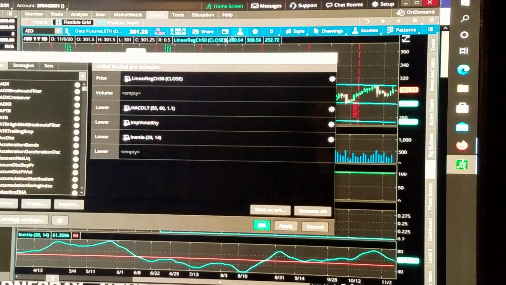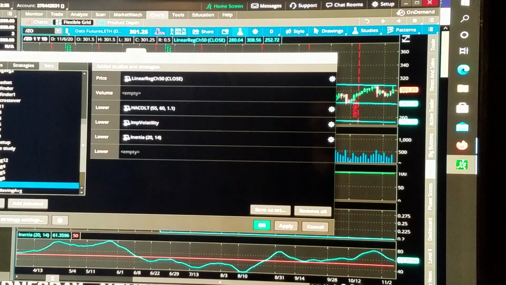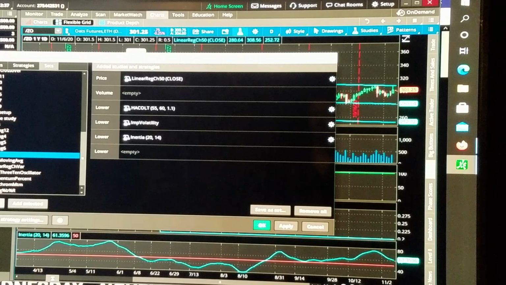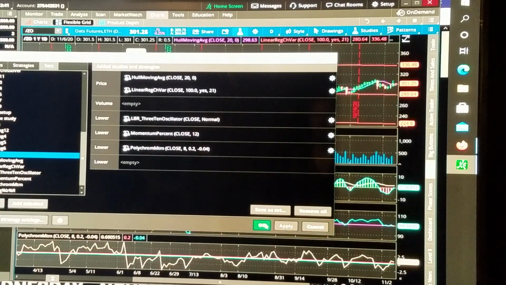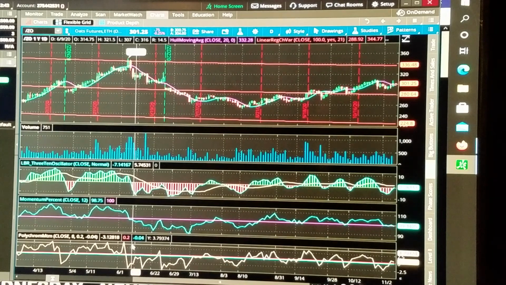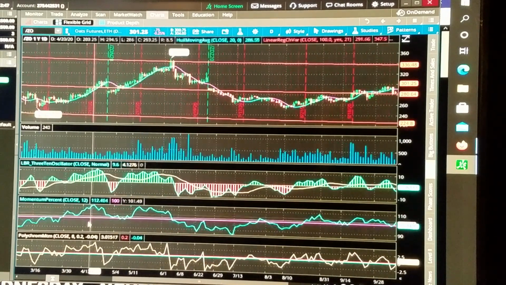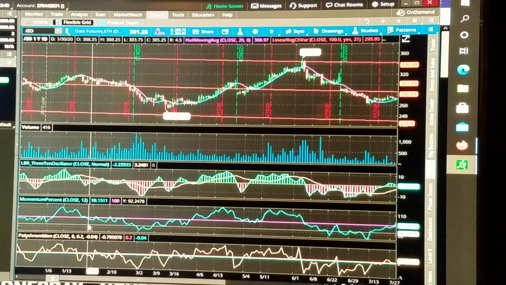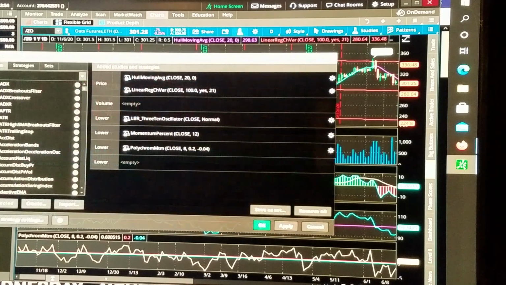So really what we're going to do is we're going to set up some of our most favorite. See, this momentum percent is a lot like the inertia. And also there's a trading by color that I really like to use a lot.